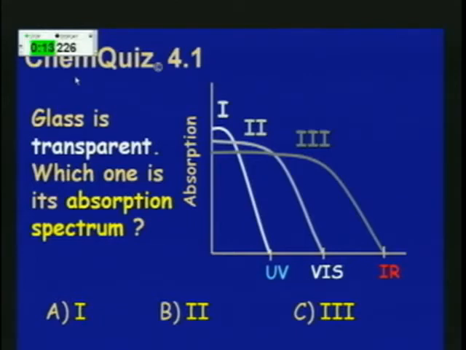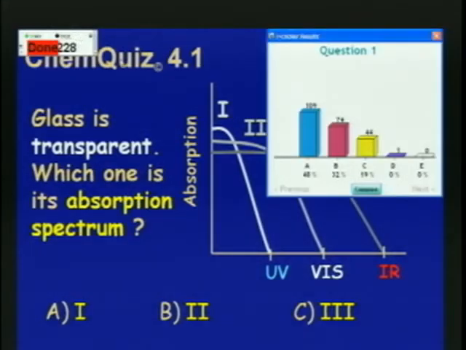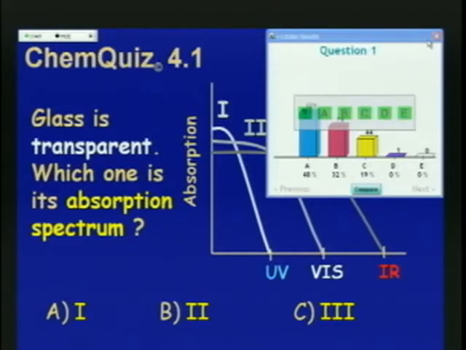Don't forget to vote in. 227. All right, 228. Let's see what we got. A, B, C, one prankster with D. Oh, that's hilarious. Trust me, it gets less funny every lecture.